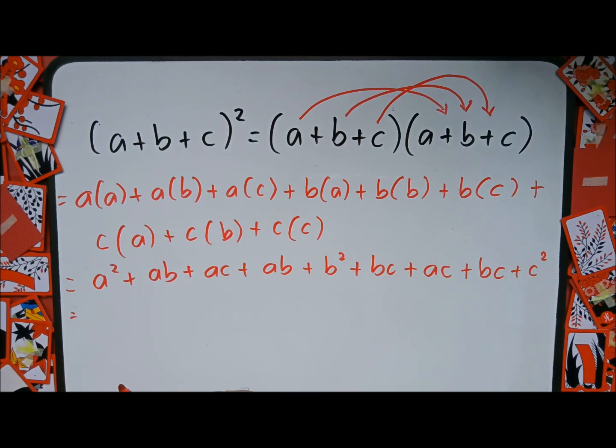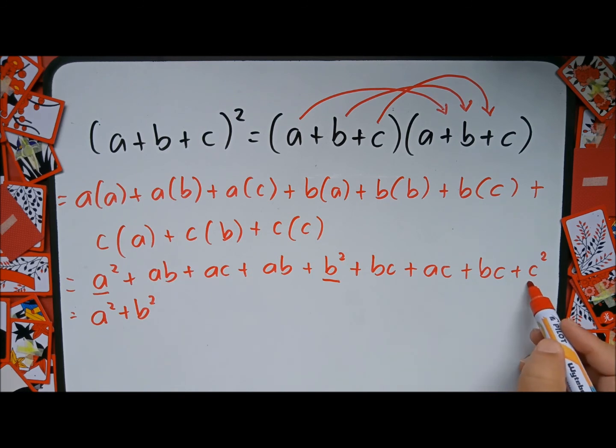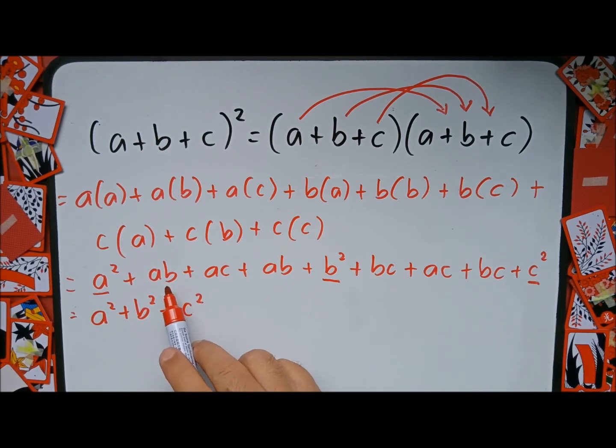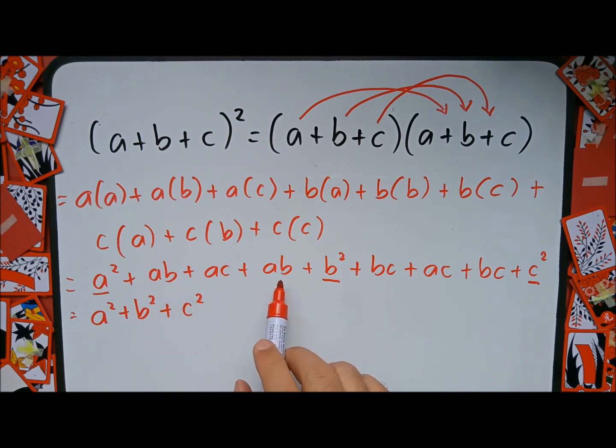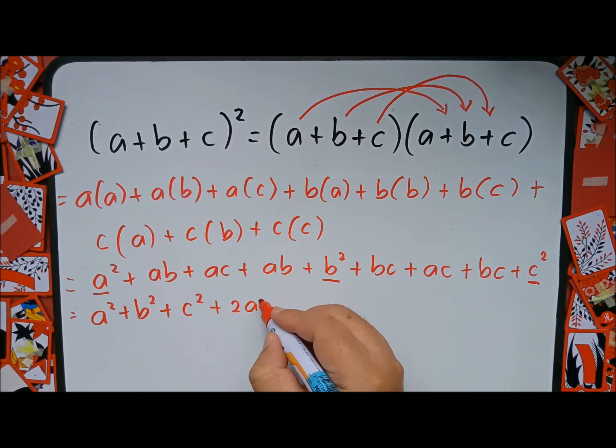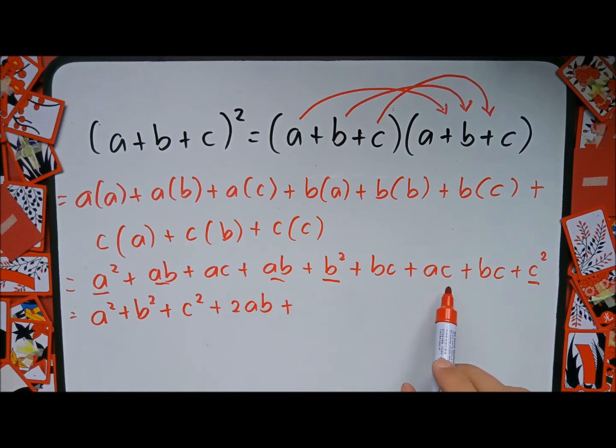Next. Okay, let us group this first. A squared plus B squared plus C squared. Now, AB, similar terms. AB and AB. So AB plus AB will become 2AB. Then AC and AC.